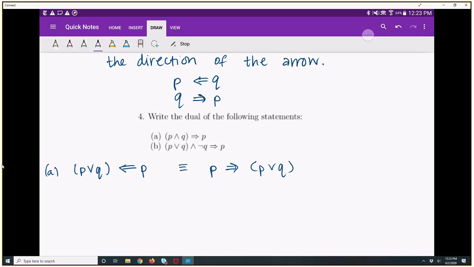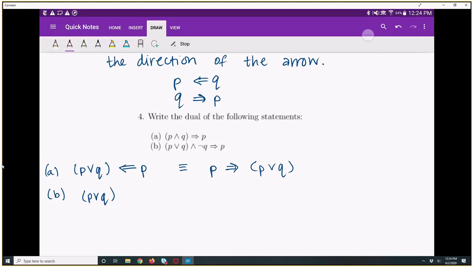Now B is a little bit more complicated. We have P or Q and not Q implies P. So in this case, I'm going to think of the P or Q as just a single proposition. We didn't have to change anything with respect to the single propositions. So the conjunction that I'm going to change is going to be this middle one.